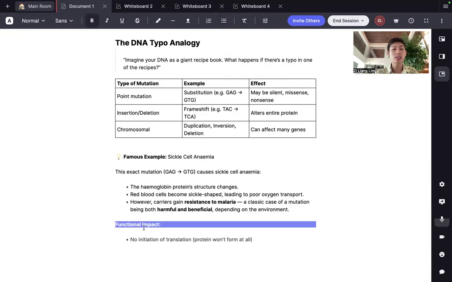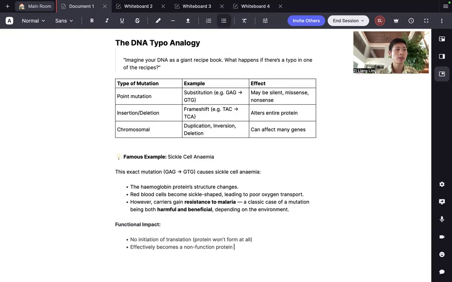So it effectively becomes a non-functional protein. So it is called a loss of function mutation.